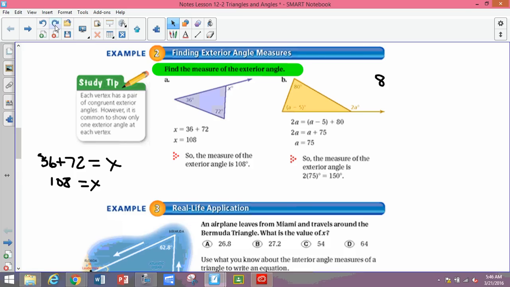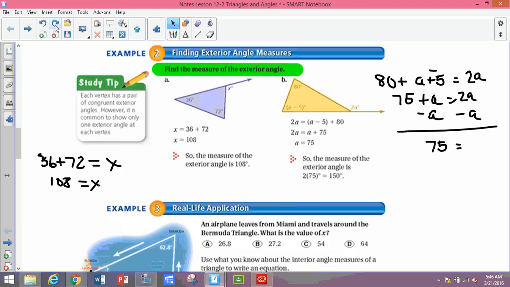Now it gets a little bit more challenging. You have 80 plus a minus 5. I used the additive inverse property and made it a plus a negative 5 equals 2a. So now you combine your like terms, 75 plus a equals 2a, and you subtract a from both sides because a is already on the right, so you need to move the a over.